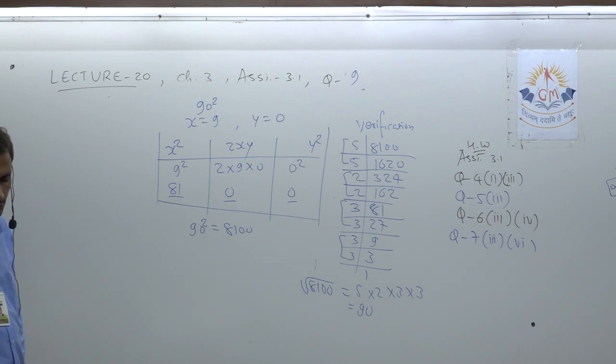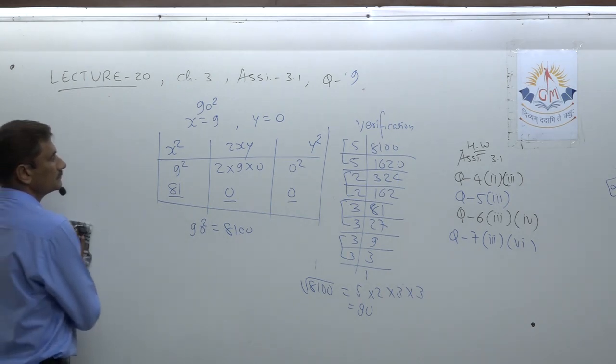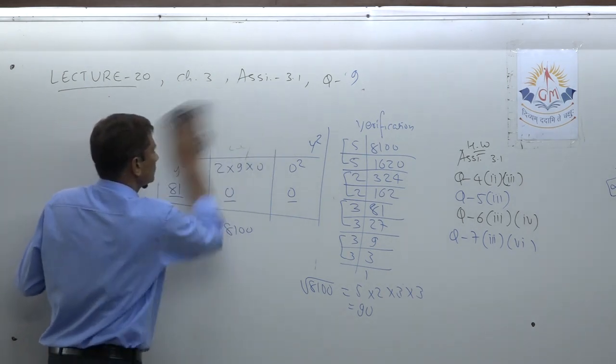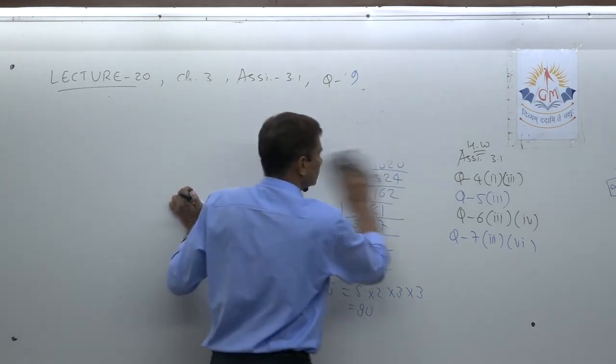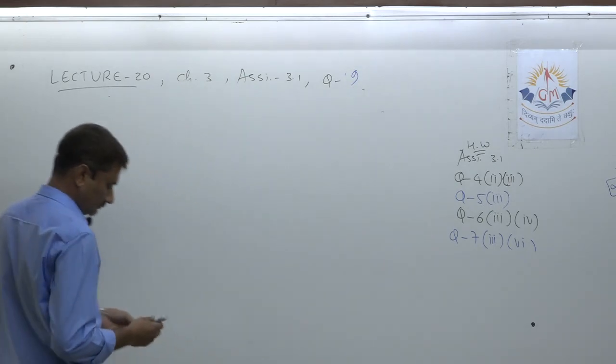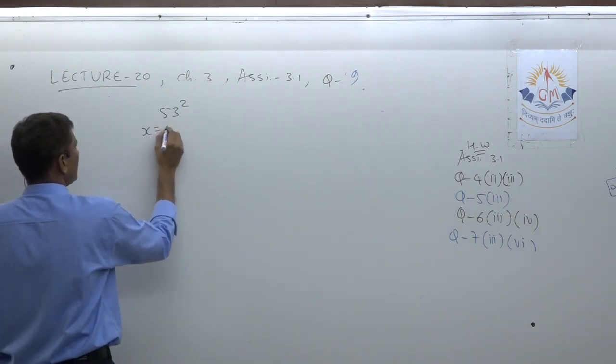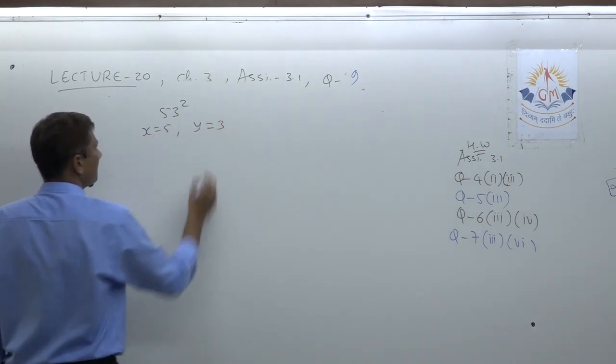Okay, let's see one more sum. 53. So x is 5, y is 3.